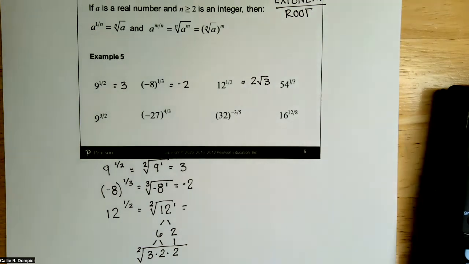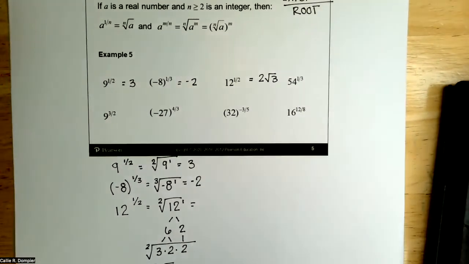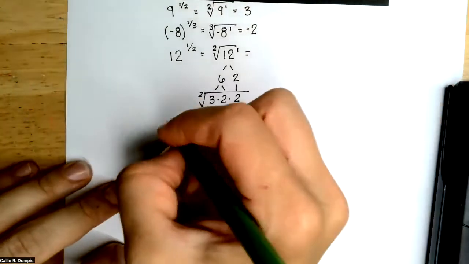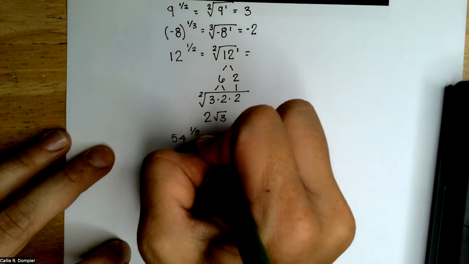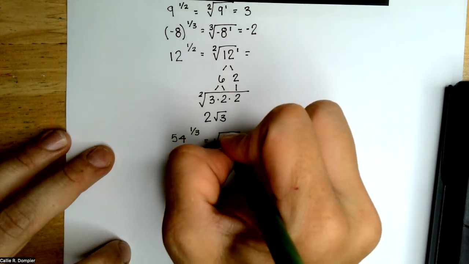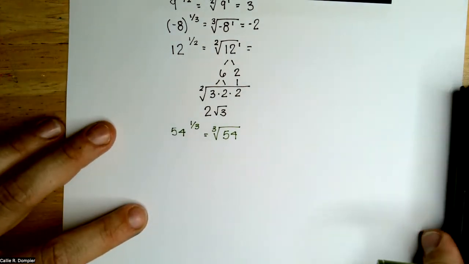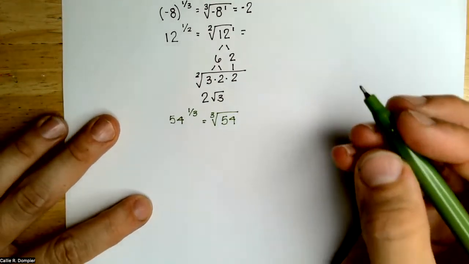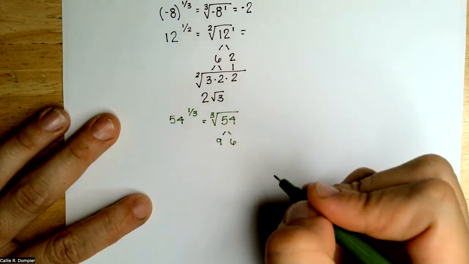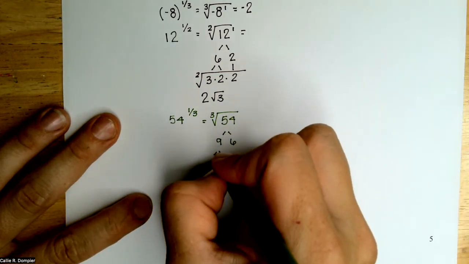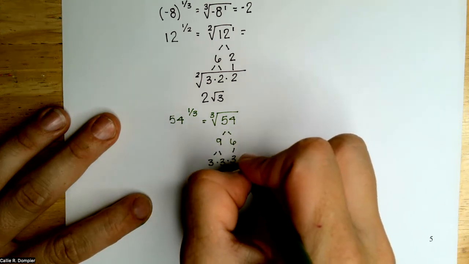All right. 54 to the power of 1/3 becomes the third root of 54. 54, if we're going to make a factor tree, becomes 9 and 6. 9 becomes 3 times 3. 6 becomes 3 times 2.